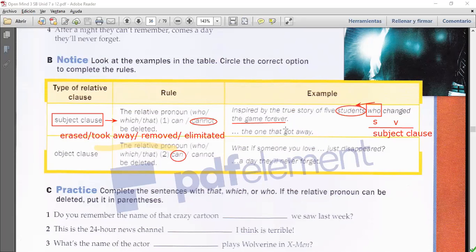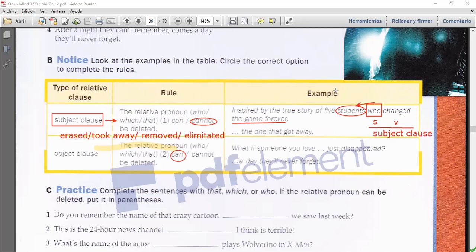Yes. It makes sense if you erase a student. No, why? If you are talking about this film, you can also say, well, it's inspired by the true story of who changed the game forever. No, no, no. It's not possible. Why?